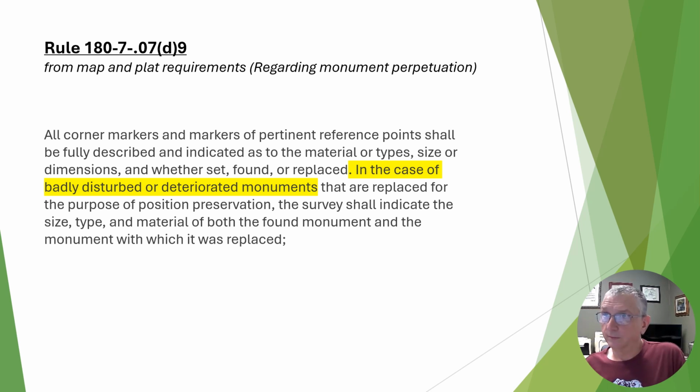So if you're looking based on a 1970 survey where they found this pipe last, and they're calling for a 1-inch open pipe, and then you're retracing and you find my capped rebar, you should approach that with a little skepticism. The plat calls for an open top pipe.